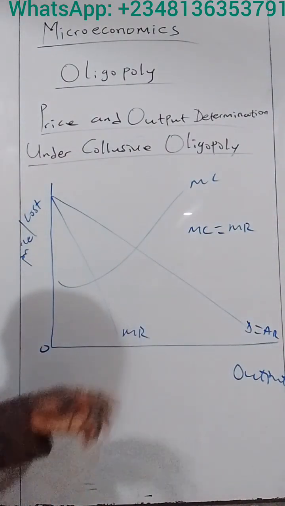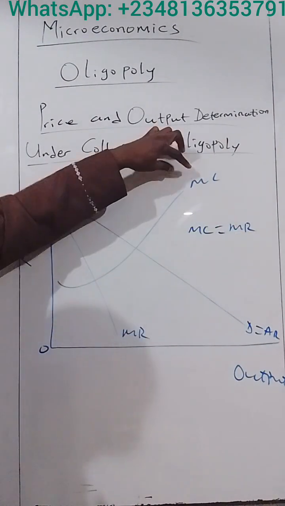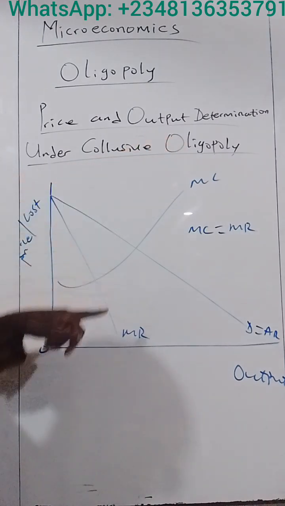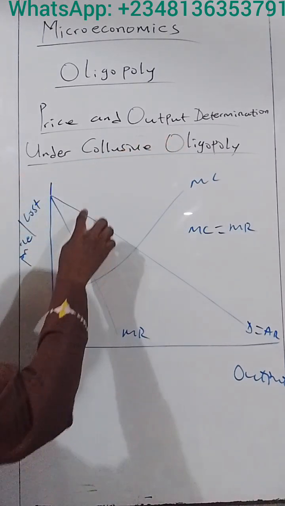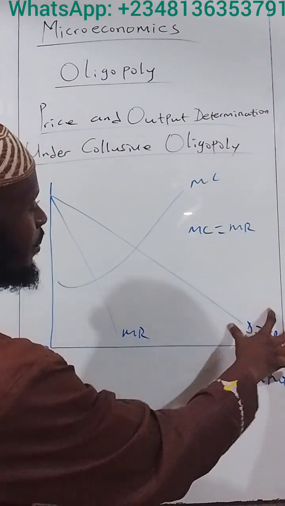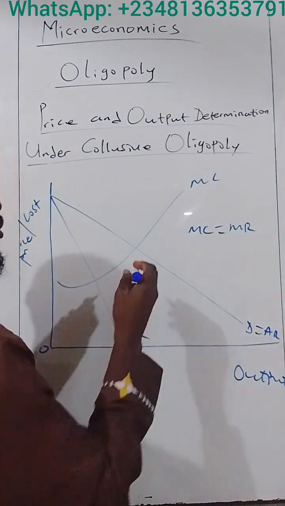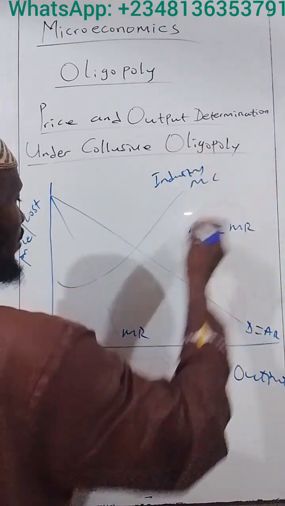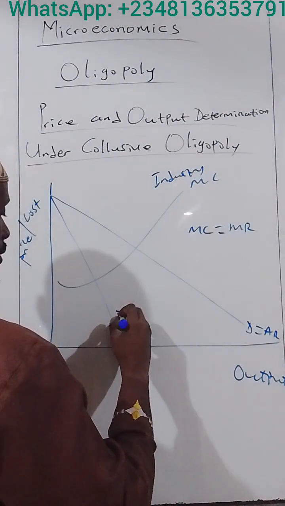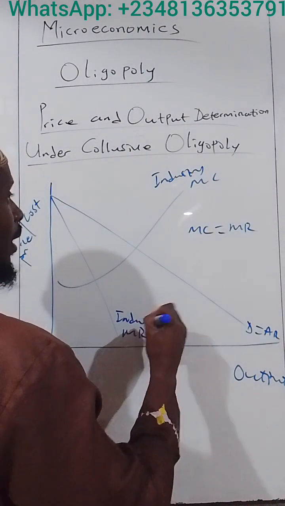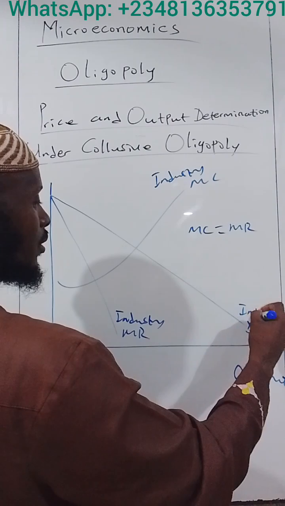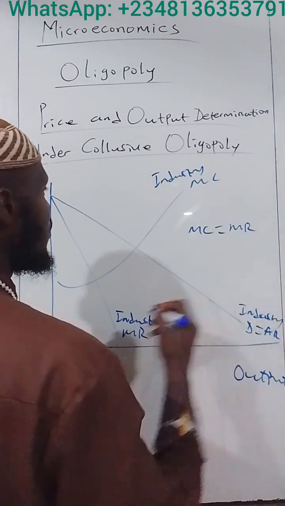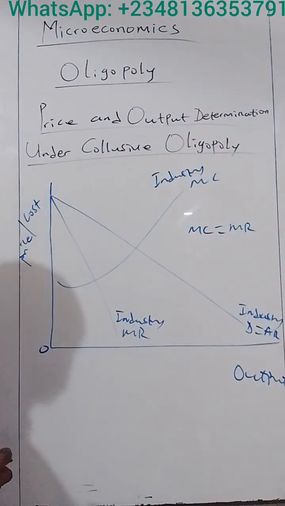This represents market marginal cost, this represents market marginal revenue, and this represents the industry demand curve. So just know that this is industry marginal cost, industry marginal revenue, and industry demand. It is not for individual firms.